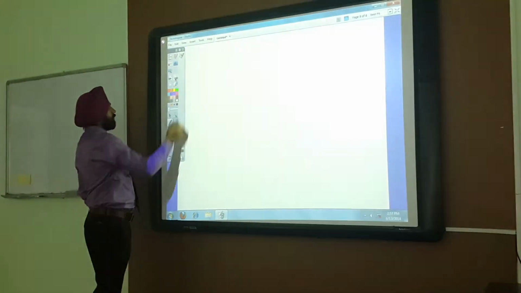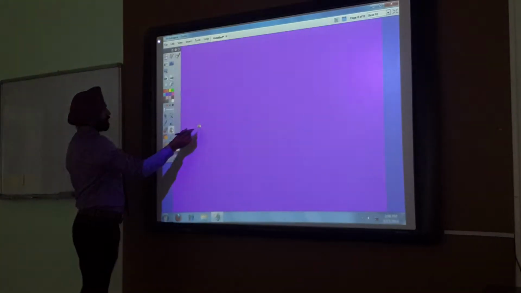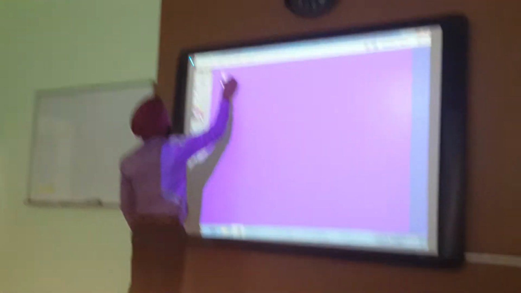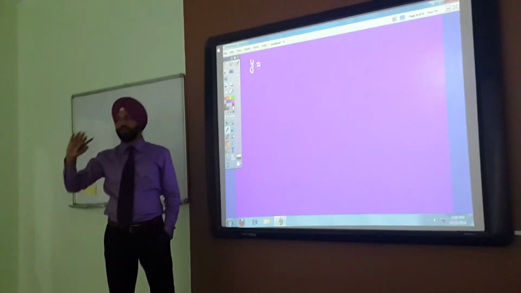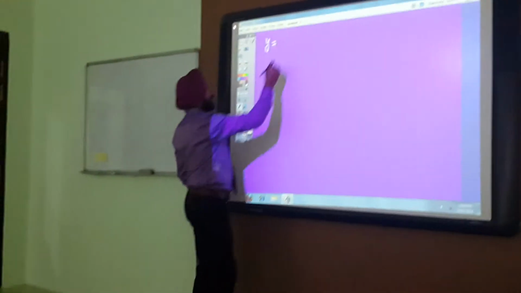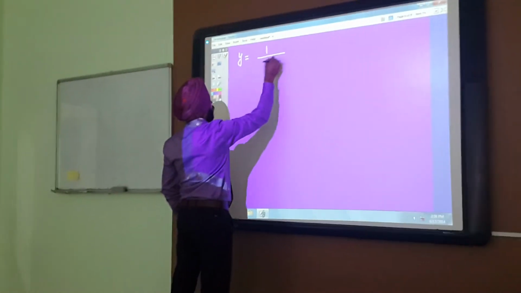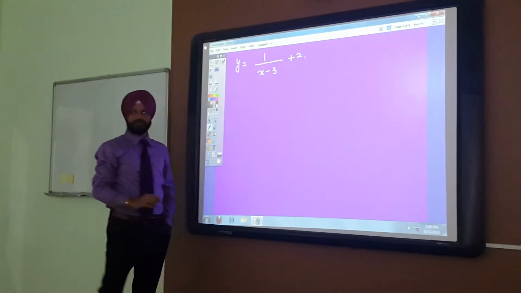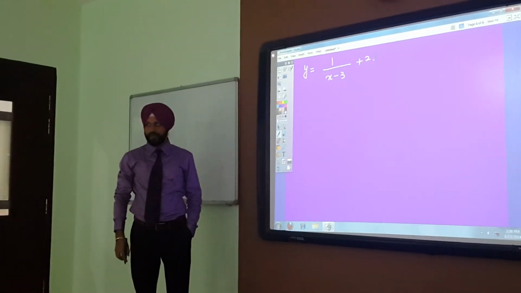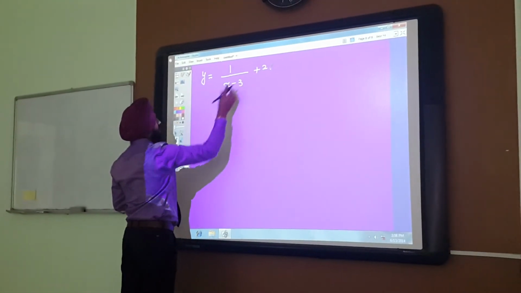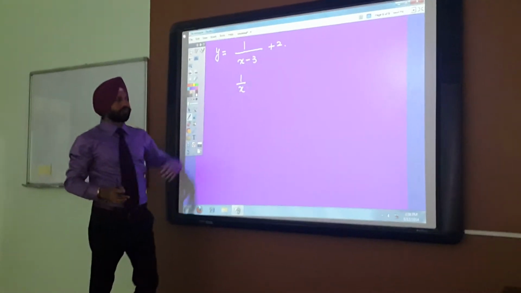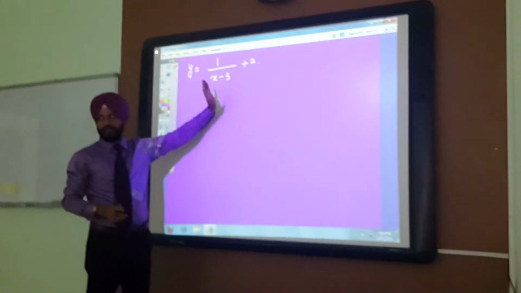Now let's take one more example, in which two translations are there, both horizontal and vertical. So let's say 1 upon x minus 3, plus 2. Okay, so if you compare x minus 3 with 1 by x, the difference is 3.